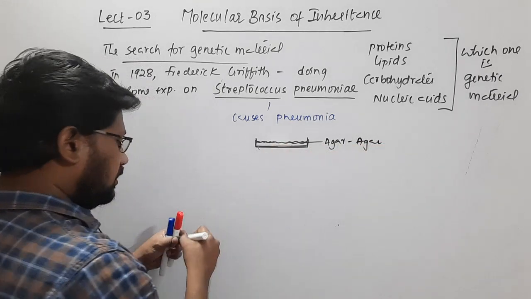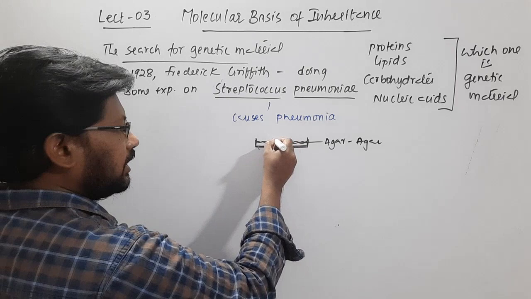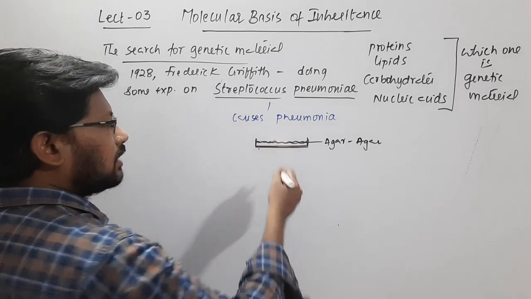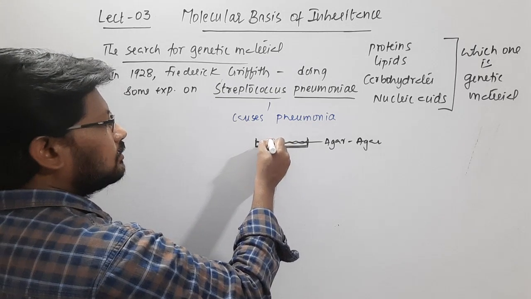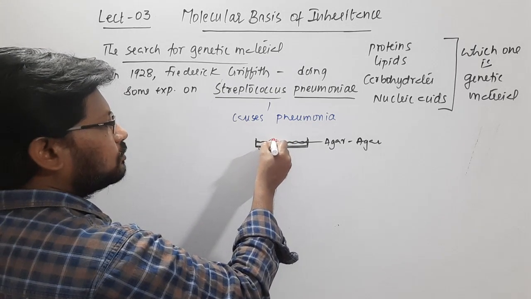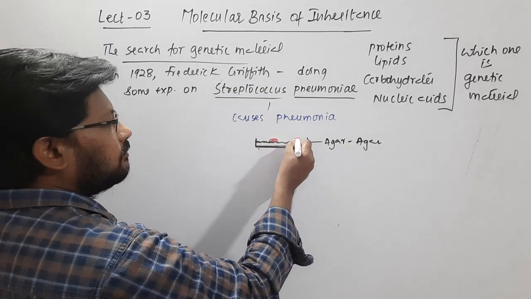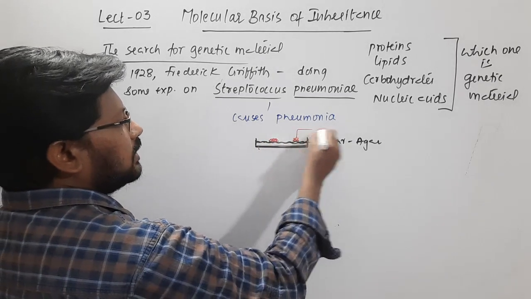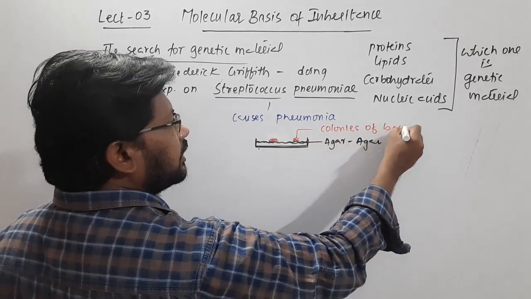On that you put some bacteria, just one or two, and they start multiplying on it and form into colonies. In a short period of time you will see so many. They multiply and form so many. These are called colonies of bacteria.